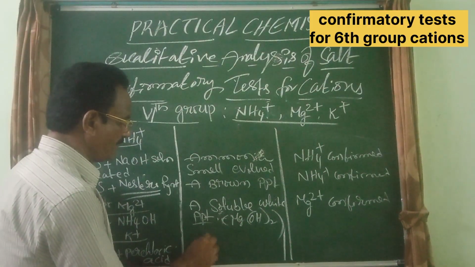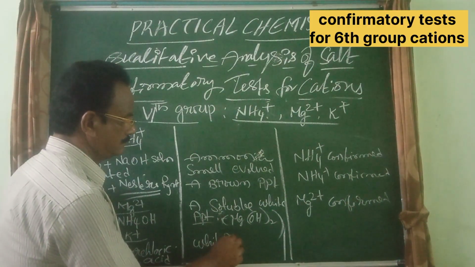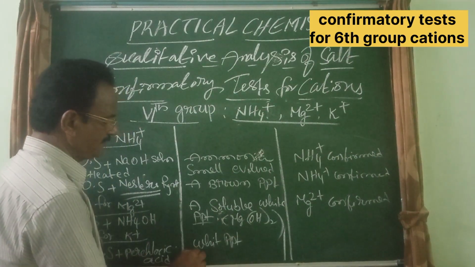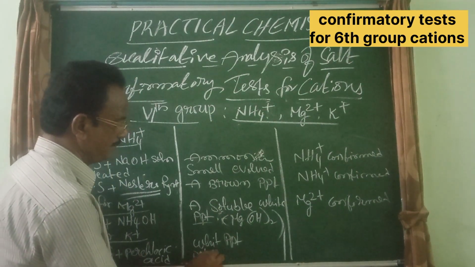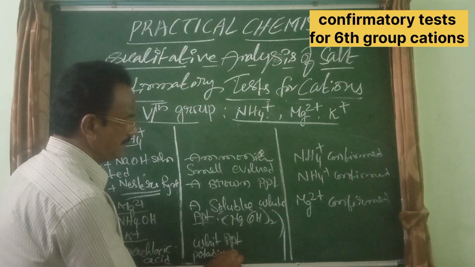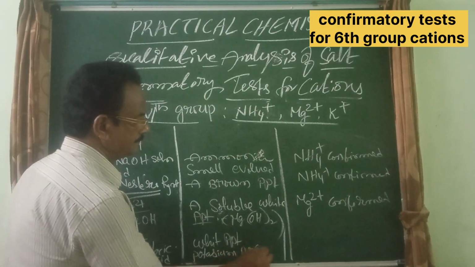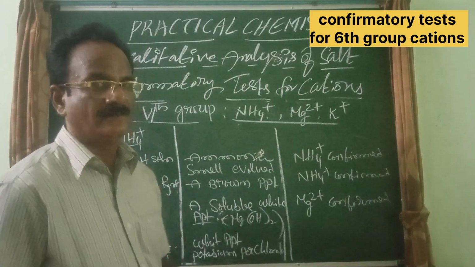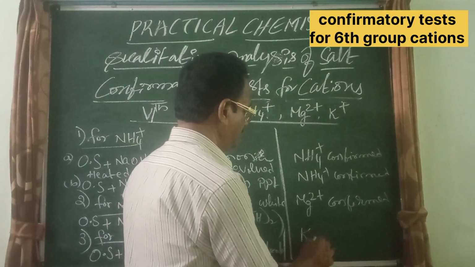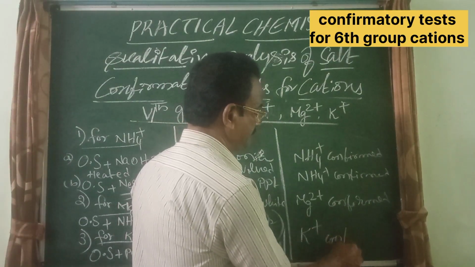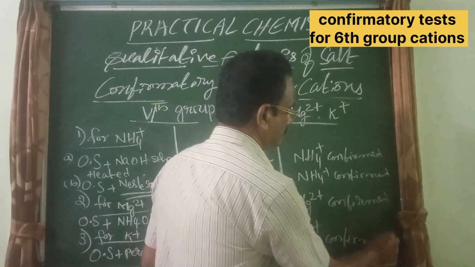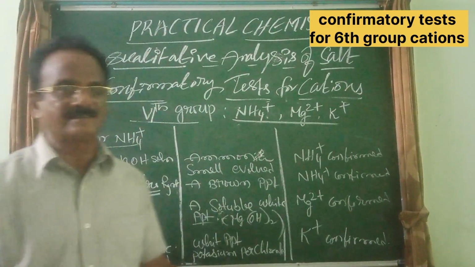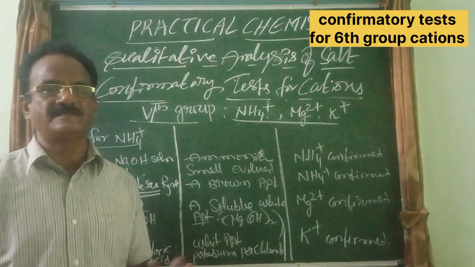A white precipitate is formed, potassium perchlorate. Then we can conclude that K+ is confirmed. This is about the confirmation of 6th group cations.